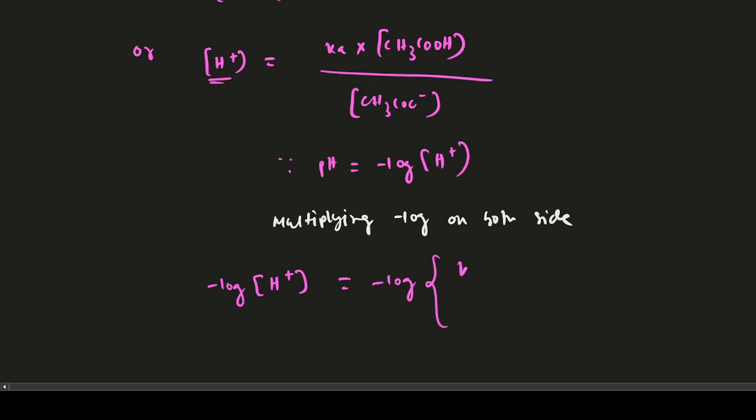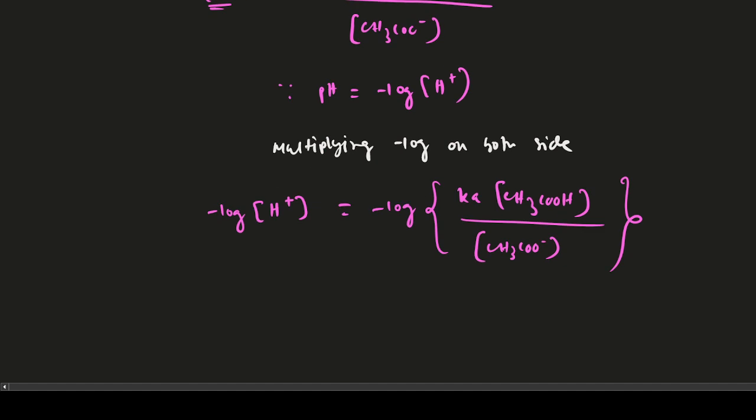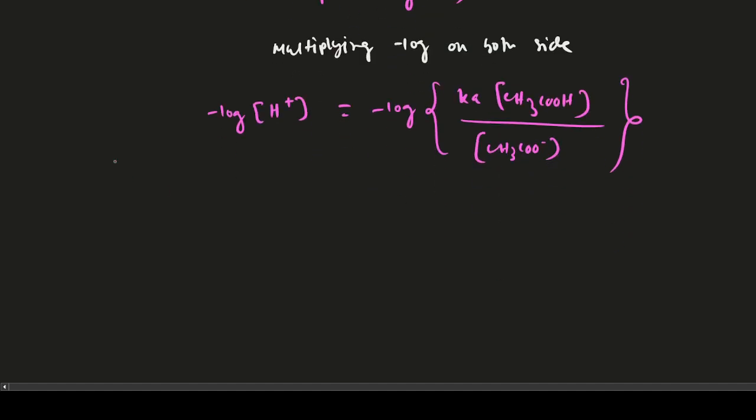that is Ka times CH3COOH over CH3COO minus. Okay, so what I do, minus log H plus concentration, then this is going to give minus log Ka.